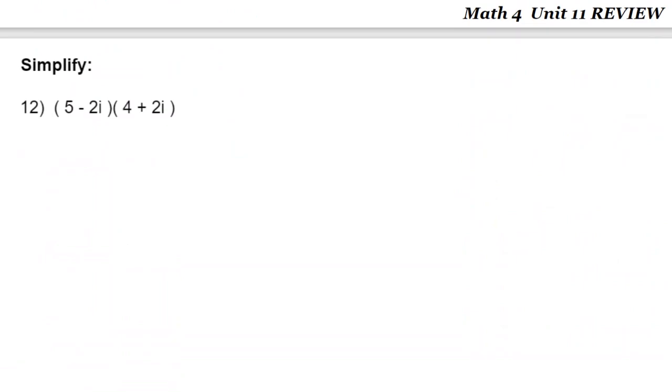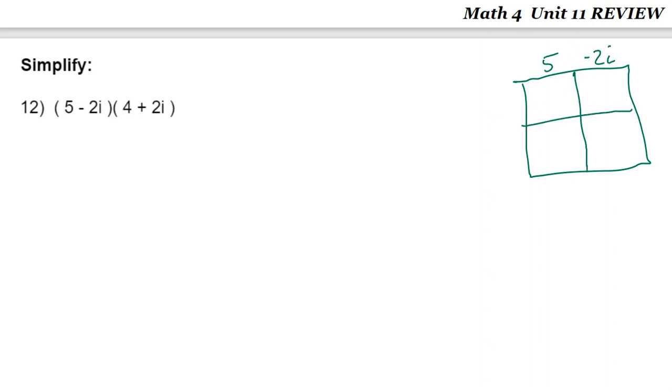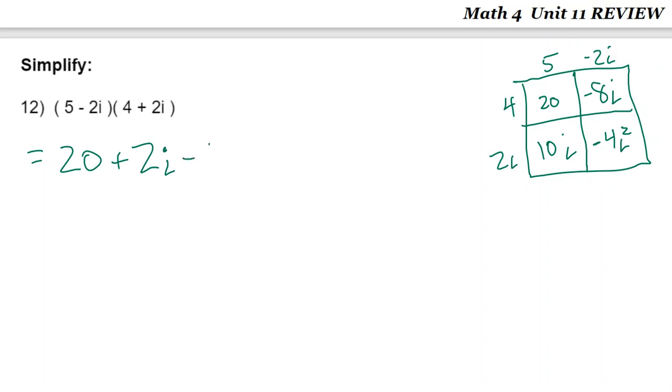All right, try that much again. 5 minus 2i, 4 plus 2i gives us 20, -8i, positive 10i, -4i squared. 10i minus 8i is positive 2i. -4i squared is going to give us a plus 4. 20 plus 4 is 24.